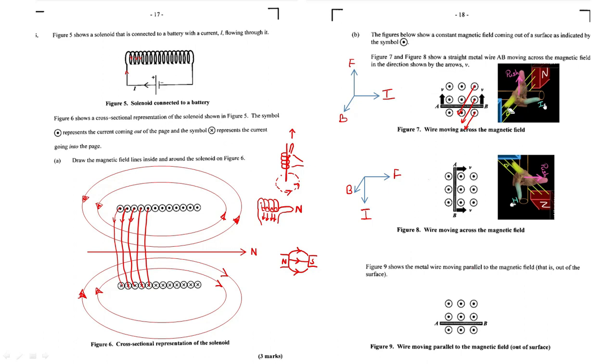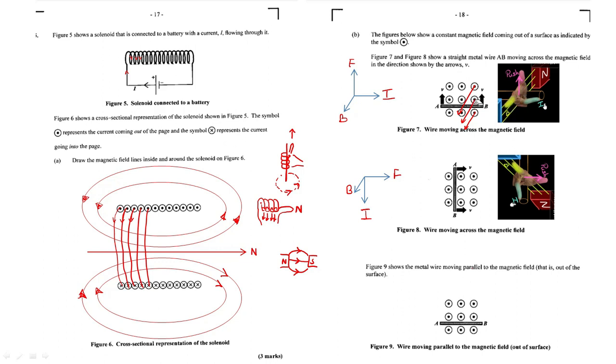So using this hand, it's usually FBI, right? The thumb is the force causing the wire to move up, or it shows the motion of the wire, which in this case is up. So that's why I have the force here. B represents the direction of the magnetic field lines, and you always point it coming away from the north, going towards the south.